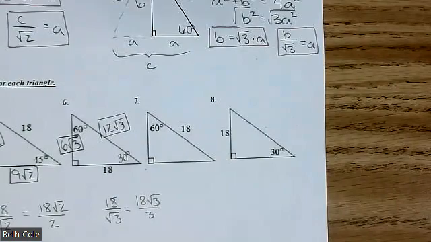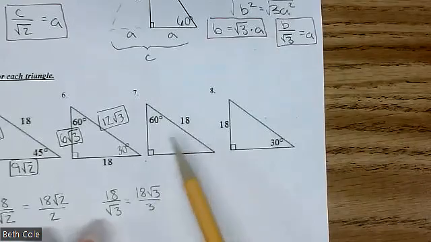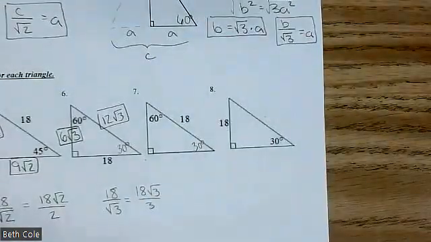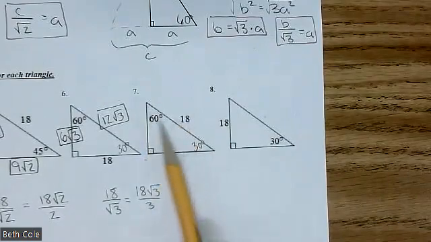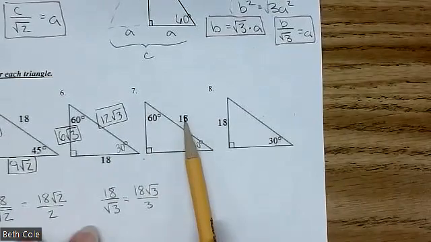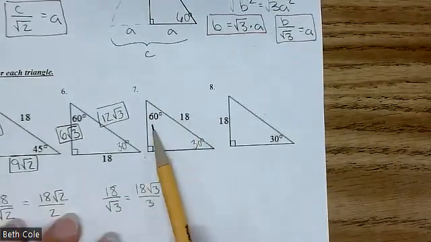Let's try it again. Do you see how this is a 30, 60, 90? You have to establish that first, okay? Which side are you given? This 18 is where? C, it's the hypotenuse. How would we get from the hypotenuse to the smaller side? Hint, you're going to have to divide because you're trying to make it smaller.